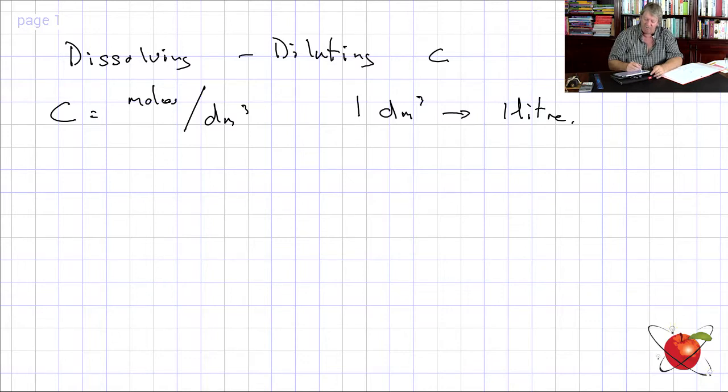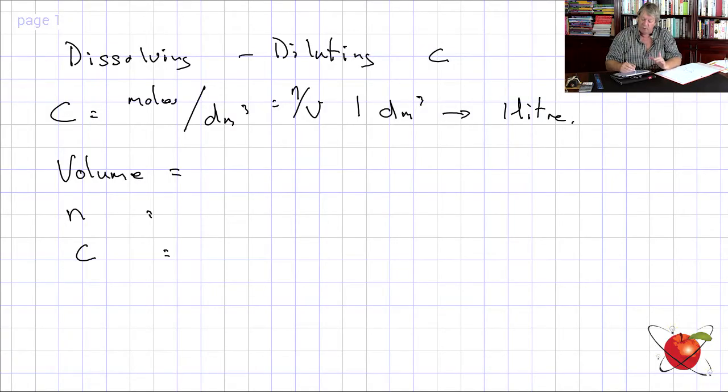Right. So first of all, whenever we get a calculation involving concentrations, they will tell us a volume. The concentration is n over V, moles per cubic decimeter. n is moles, V is the volume. So we're going to be given a volume, a number of moles, or a concentration.